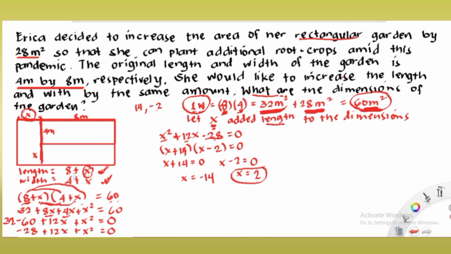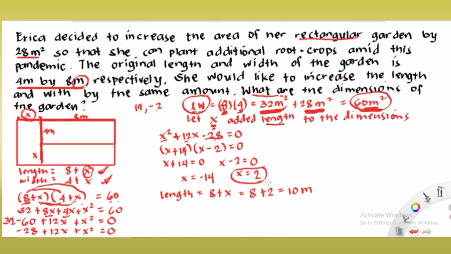Let us substitute that here in our equation. So, for the length, so again, that is represented by 8 plus x. So that will become, solving for the length, 8 plus, substitute 2 to x. So that will become 8 plus 2, so that is equal to 10. And the unit is meter.